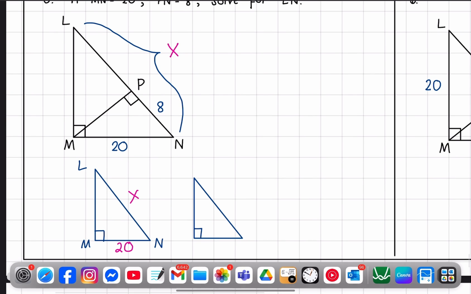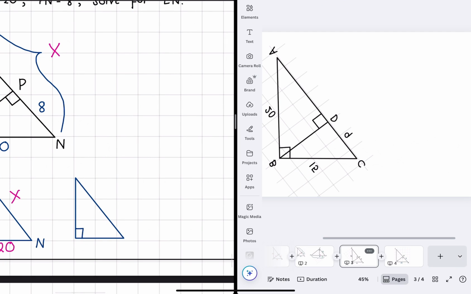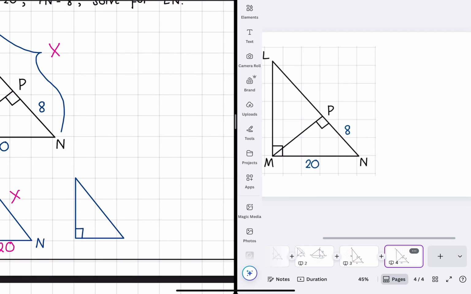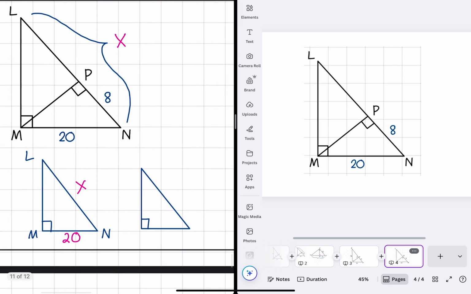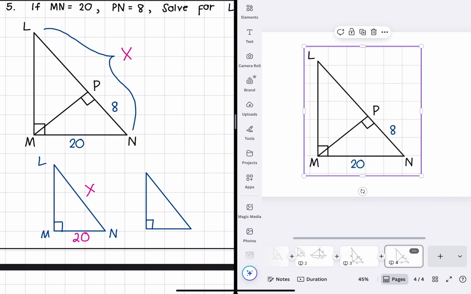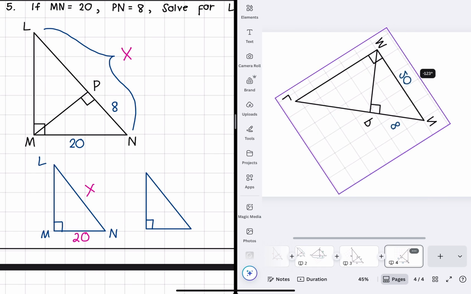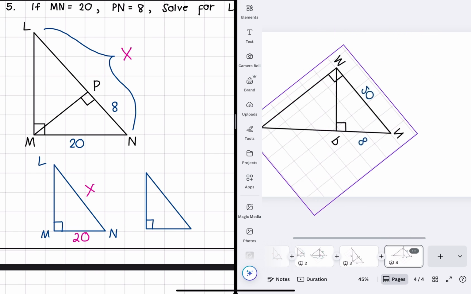So to better visualize it, I'm going to use this program, okay? So remember, we're looking for triangle MPN. So what I'm going to do is flip this horizontally, and then I'm going to rotate it there.